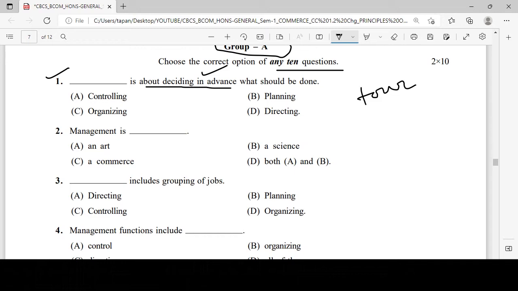If you make a good plan, then your journey will be very smooth, and within the scheduled time you can easily come back. Therefore, planning is the appropriate alternative.